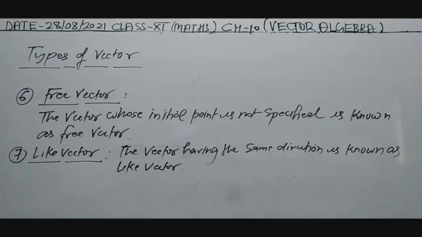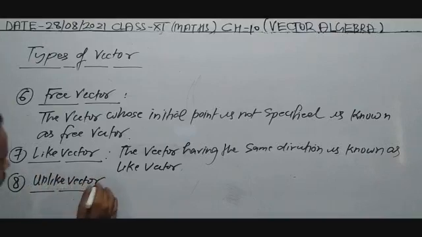Now come to the next definition, unlike vectors. The eighth is unlike vectors. What is an unlike vector? You know about collinear vectors. Collinear vectors may be in the same direction or not.